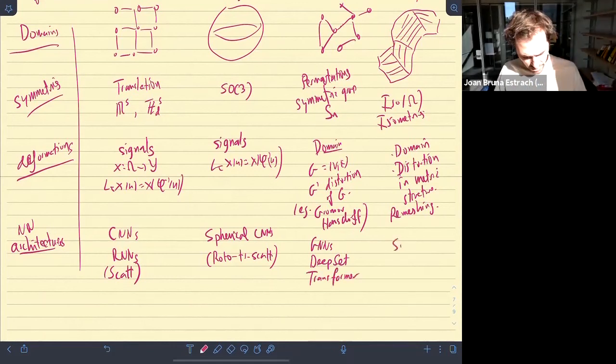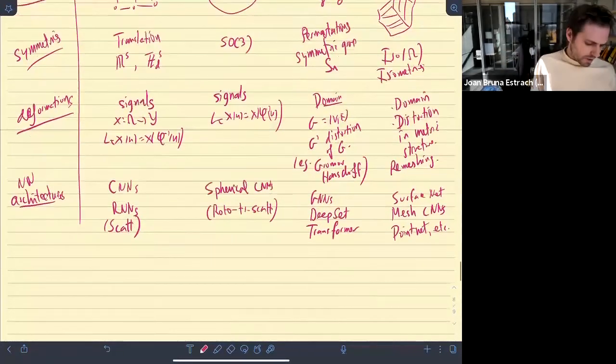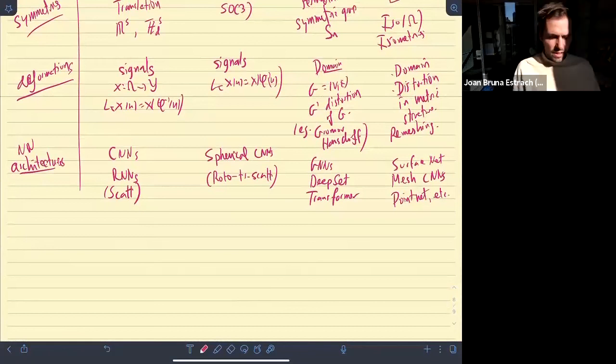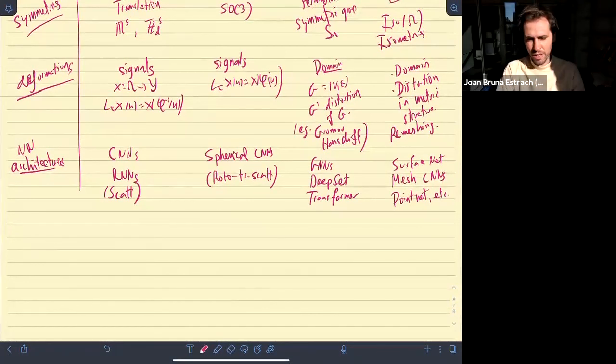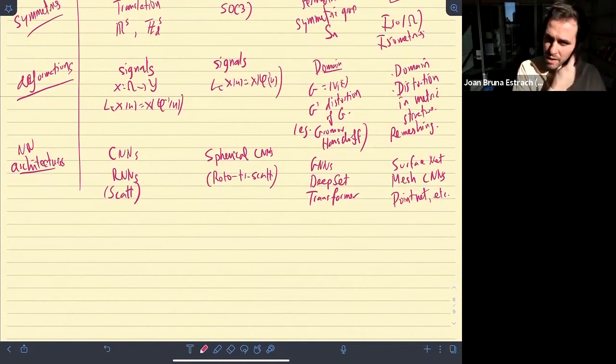And here we have models that use surface nets, mesh CNNs, PointNet, etc. This is really not trying to give a super exhaustive list, but just to convince you that these ideas of trying to formalize these architectures, of what is important between one architecture and the other, give you a framework to think about them.